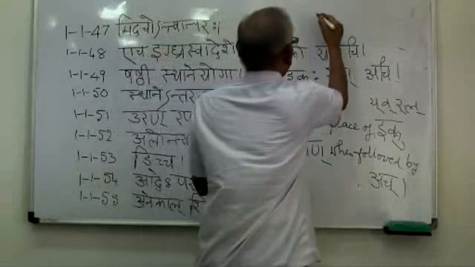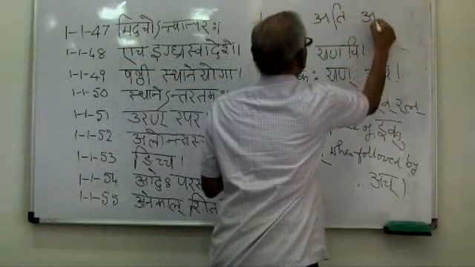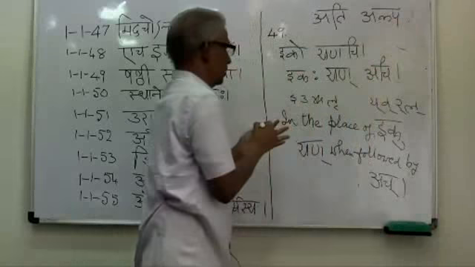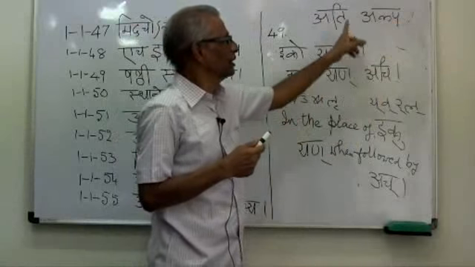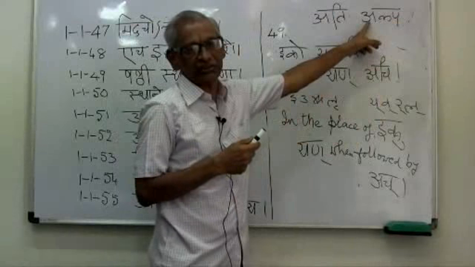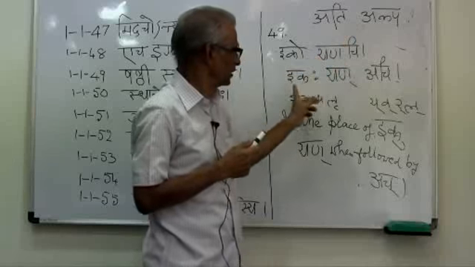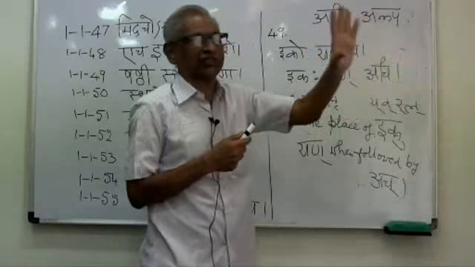So, we will take one example. Ati alpa. Here, ati contains ikara, and then akara is an ach. The word achi means followed by ach.